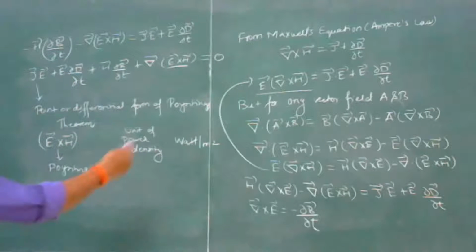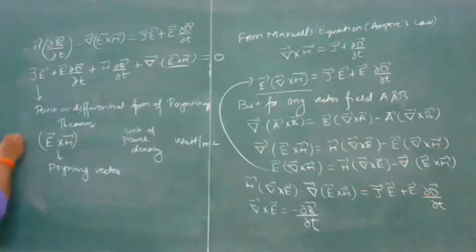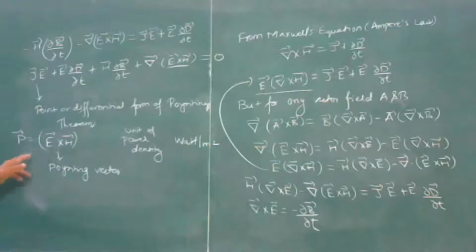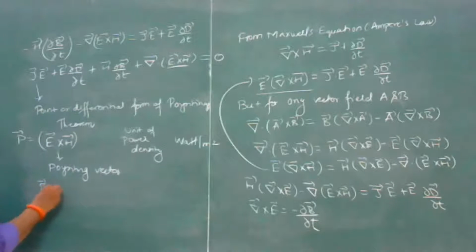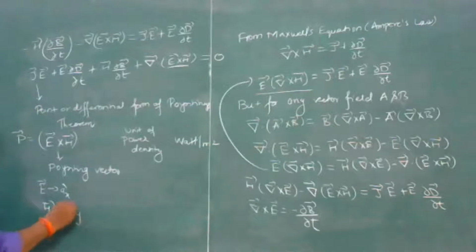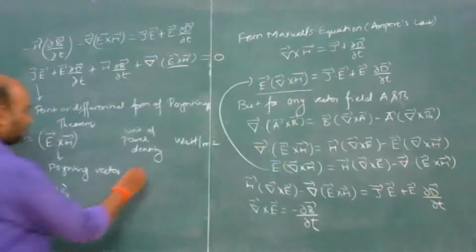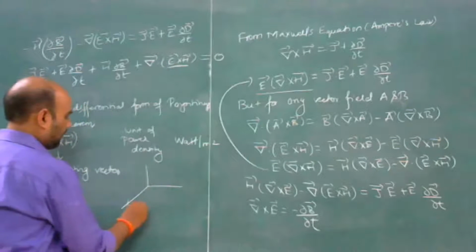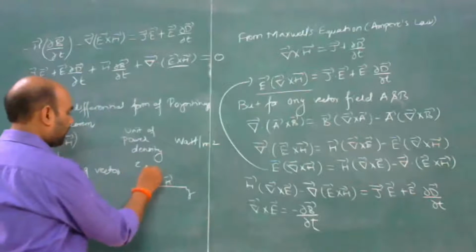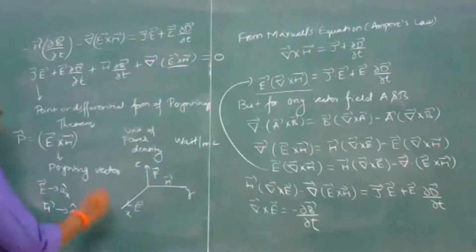The Poynting vector can be denoted by vector S or vector P. So vector P is equal to E cross H. Suppose E is in the X direction and H is in the Y direction, then the Poynting vector P will be in the Z direction.